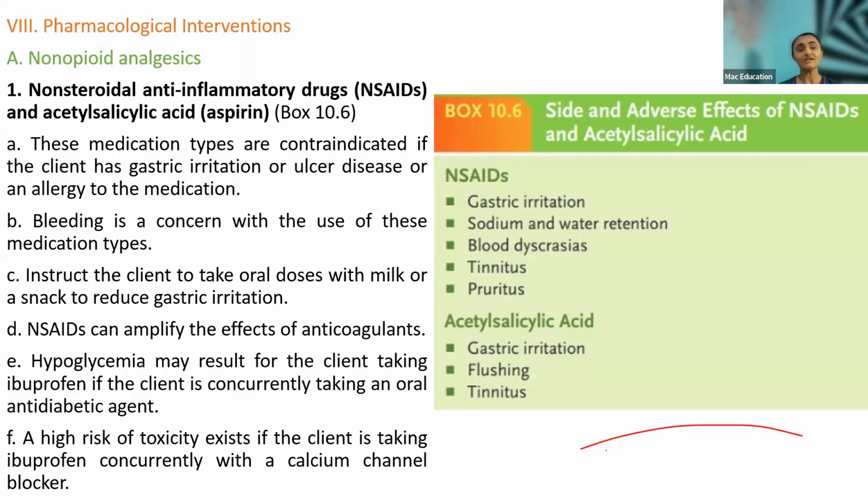Okay, so let's start with non-opioids. There are two types of medications, non-opioid and opioid. Opioids are higher dose analgesics. Before moving to opioids, first we will give non-opioids. What are the non-opioid drugs?